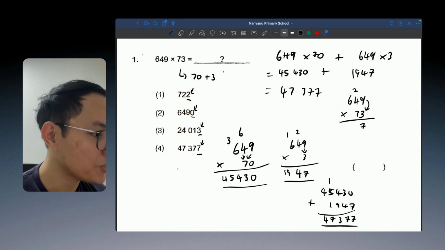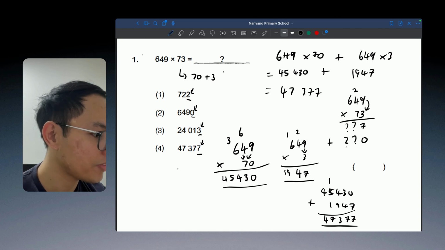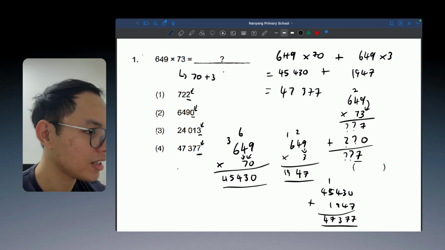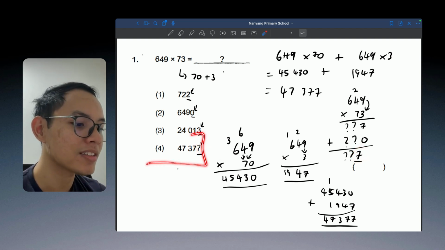Then the next number, which is over here, when you add them together, essentially this is 0. Then 9 times 7 is something else. So the final answer should be question mark, 7. And then if this is 7 and this is 7, the answer should be this one.